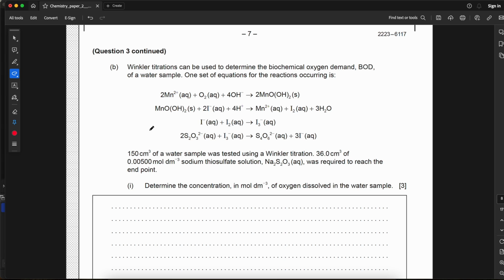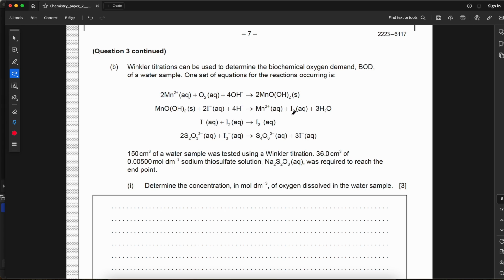The Winkler method is used to determine the concentration of dissolved oxygen in water. Oxygen first oxidizes the soluble Mn2+ ion to form insoluble manganese hydroxide. Then manganese hydroxide will react with I-, forming I2.